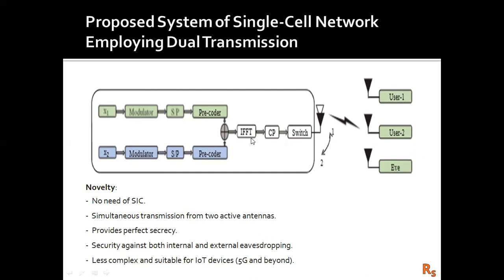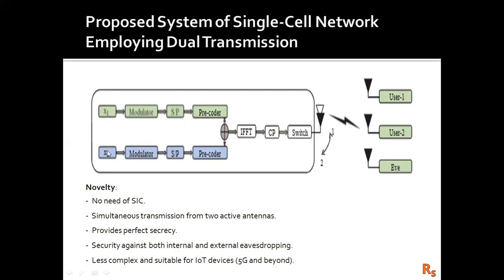And in this system their communication is undergoing in the presence of an eavesdropper, which we consider as a passive eavesdropper. So, firstly, the data vector or the data sequence of user 1 is represented by x1, and data vector or data sequence of user 2 is represented by x2.